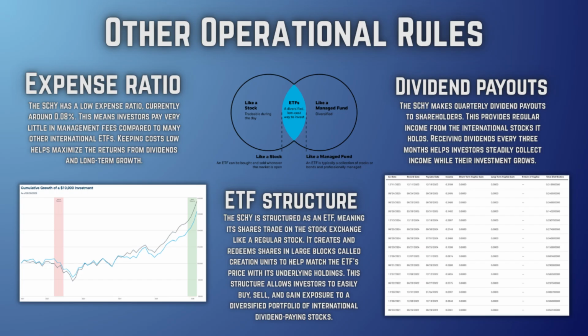So the last thing we'll be going over is creation and redemption. Like all ETFs, SCHY trades on the open market like regular stocks. It uses creation units, large blocks of shares. It keeps the ETF's market price more in line with its underlying assets.